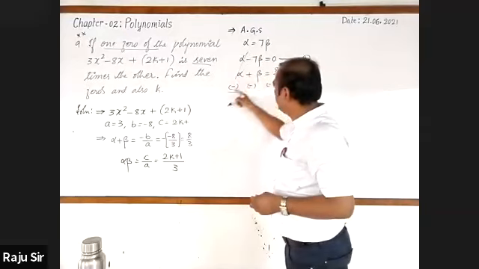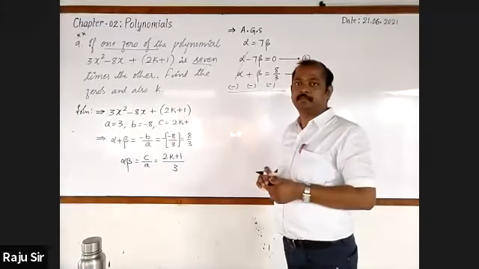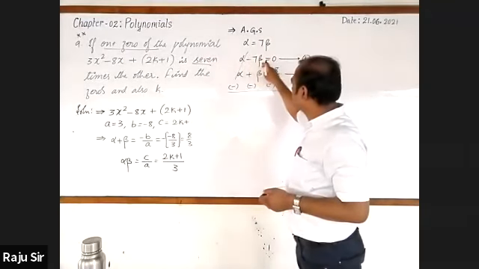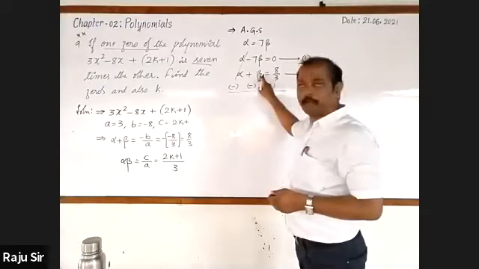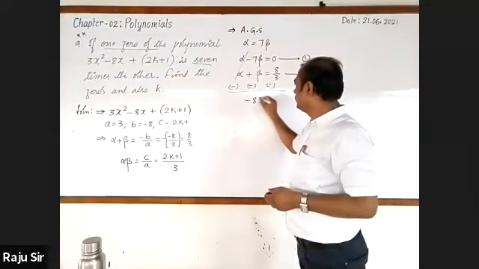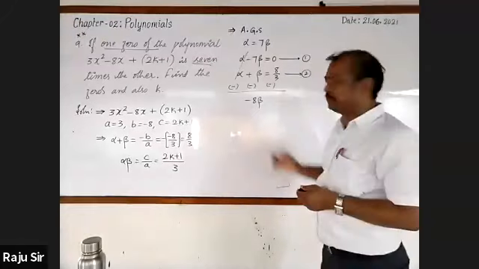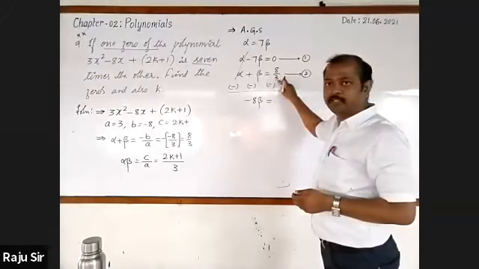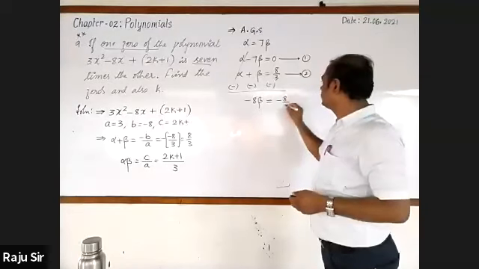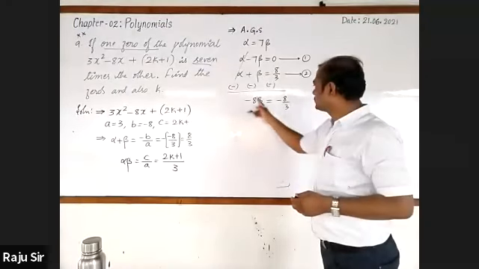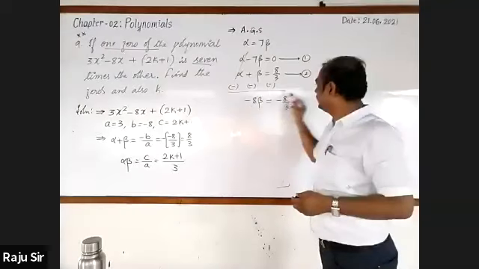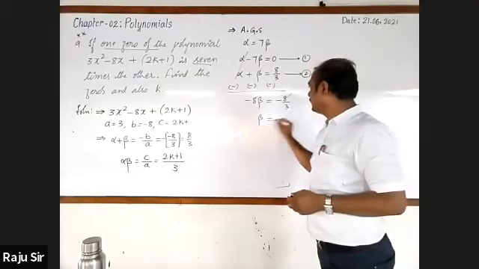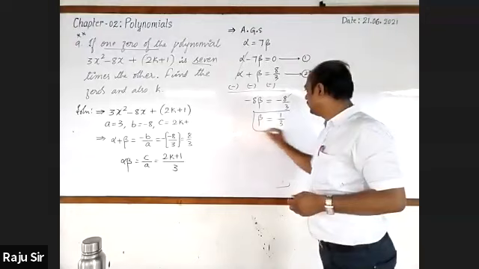Here alpha minus alpha gets cancelled. Then minus 7 beta minus 1 beta is minus 8 beta. This is equal to 0 minus 8 by 3, minus 8 by 3 only. Minus minus gets cancelled, 8 gets cancelled. You will get beta as 1 by 3.